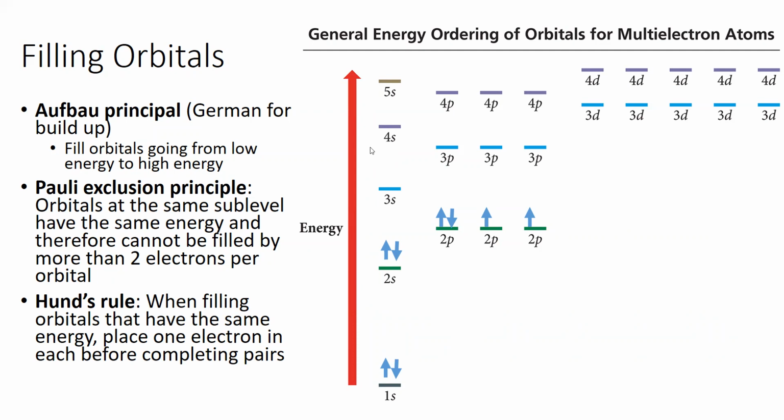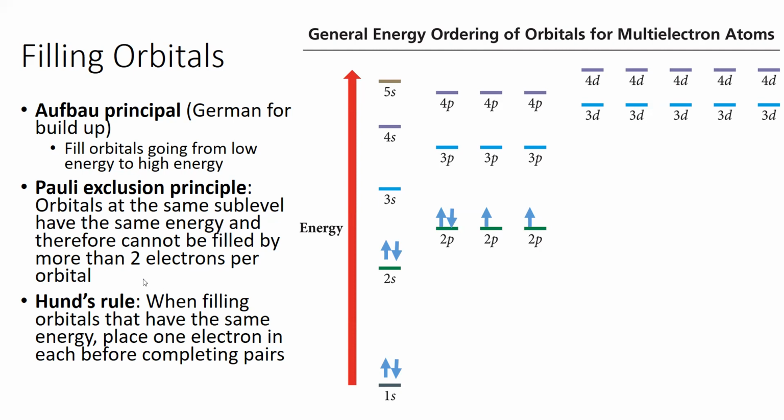When we actually do this, what we see is that the 4s orbital is actually lower in energy than 3d. We'll get to this today, and we'll learn how we can memorize this without actually having to memorize it. But when filling in electrons, you always fill 4s before you do 3d.